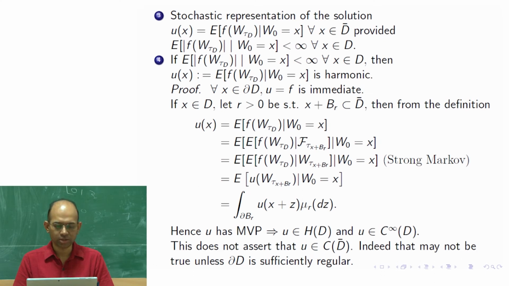That is not inside the claim; we are not claiming that. It is very important to understand this. So this in no way proves that u is continuous on D closure. It just says that on the boundary it agrees with f, and in the domain it is satisfying this.